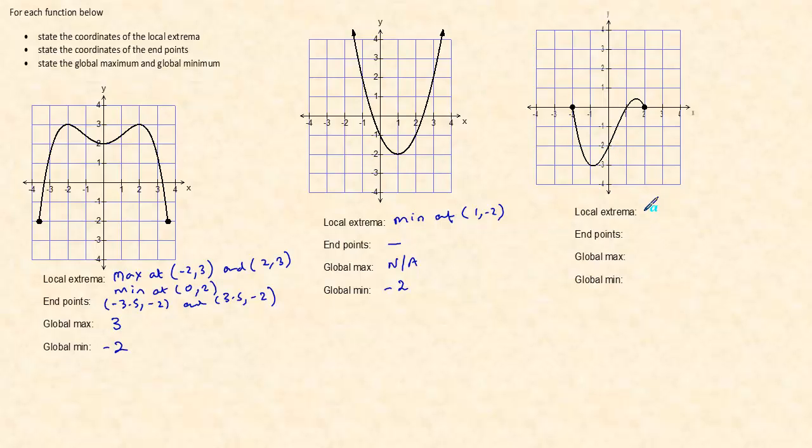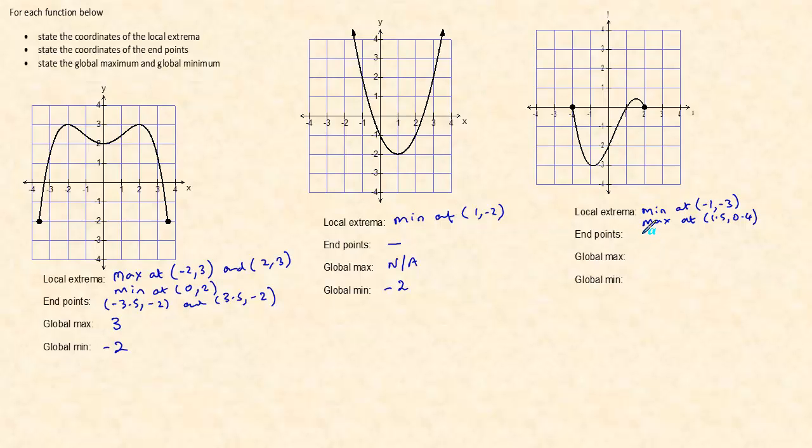Here we've got a min, and that's at, so we say -1, -3, and we also have a max at, as best we can tell on here, 1.5 and possibly 0.4, and those are approximate figures obviously because we can't really see on this grid.